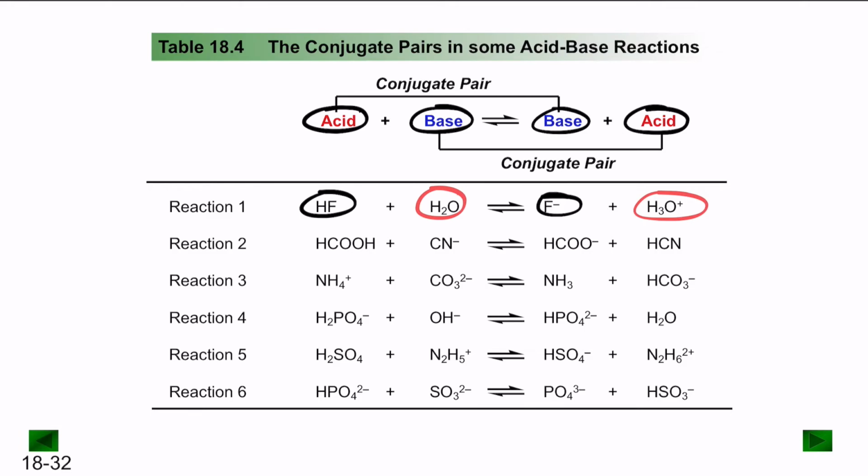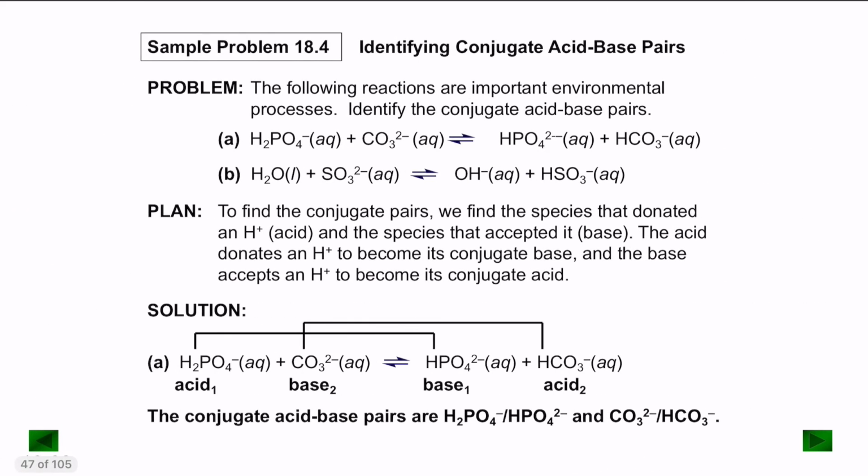Again, HCOOH is the acid, HCOO minus is the conjugate base, CN minus is the base, HCN is the conjugate acid. So this is how we generally determine the conjugate pair of acids and bases.